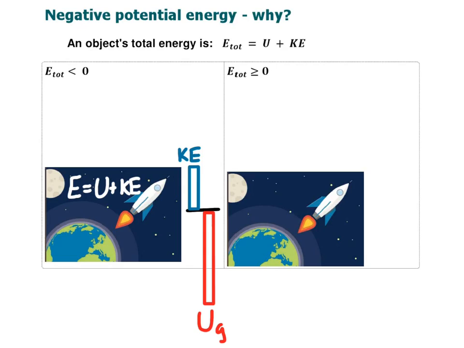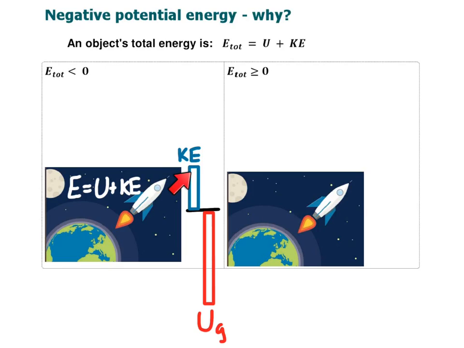All right, that sounds strange, but what if we allowed this rocket to go out into outer space? As it's getting farther and farther away from Earth, this bar is actually getting closer and closer to zero, because as you go farther and farther away, this absolute value becomes less and less because it's 1 over r.